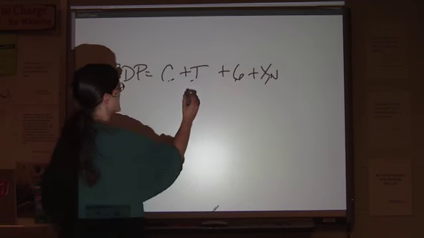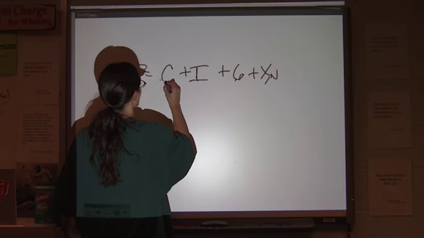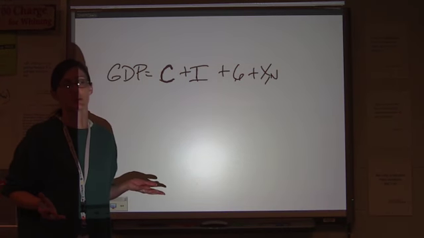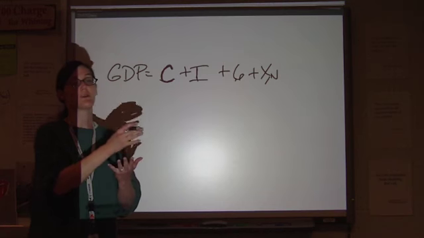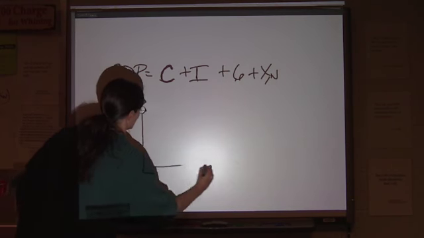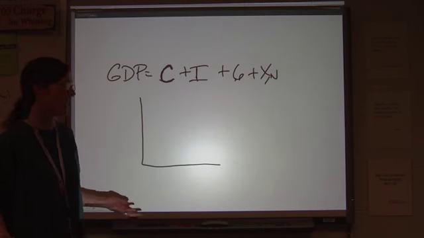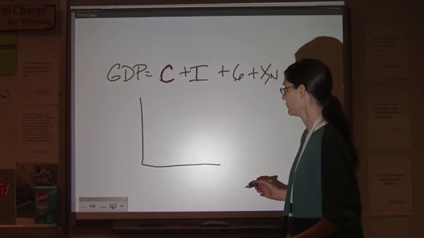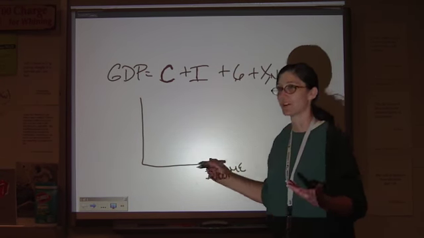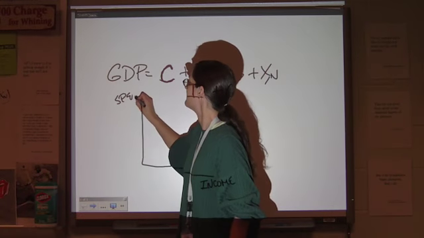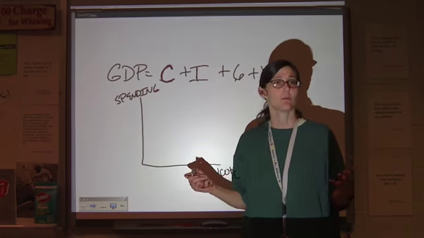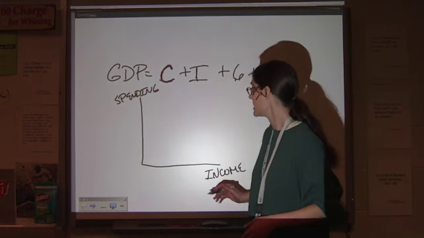Just like when we looked at demand and supply, and we went from the schedule to the graph, you can do the same thing with consumption. What we're looking at is at different levels of income, how much money are people spending? So, how do we graph that? We want to know at different levels of income, what are you spending? It's pretty basic. You just have to remember what goes on which axis.